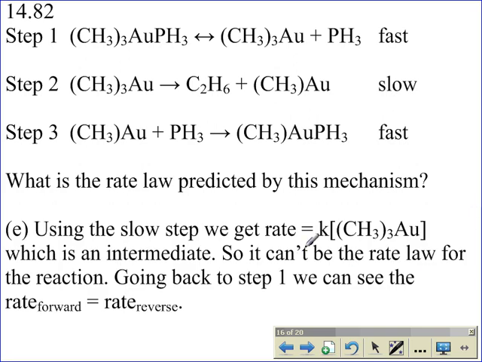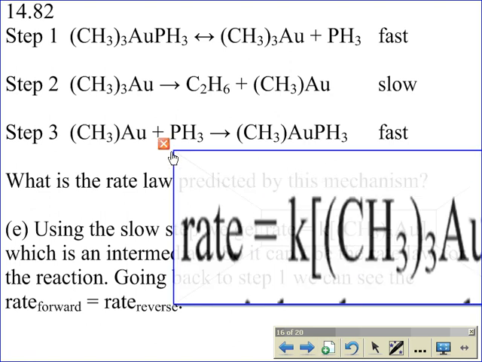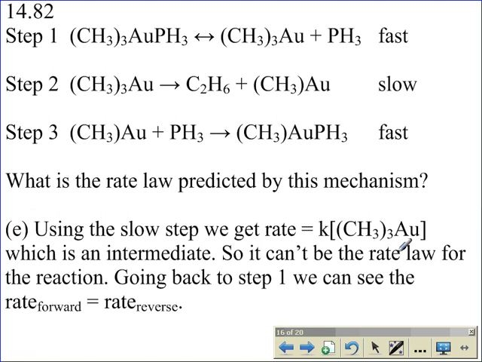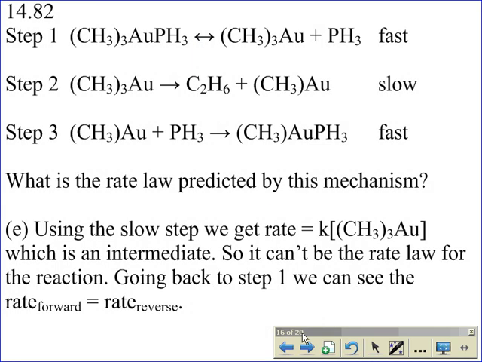So initially, this looks like rate equals K times the concentration of this molecule, but it's an intermediate, so we're going to go backwards 1 step where that intermediate was formed, and we're going to use the fact that it's in equilibrium, that there are 2 reactions of equal rate, one going forward and one going backwards.